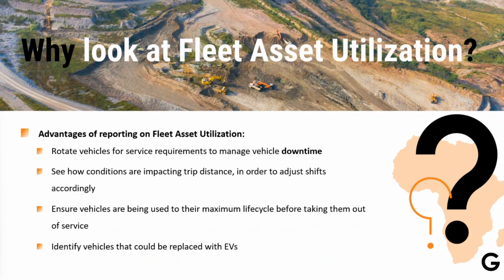So here are some advantages that you can see on your screen on reporting fleet utilization. Fleet managers can rotate vehicles for service requirements to manage vehicle downtime. What does this mean for you as a fleet manager or a fleet-based organization?